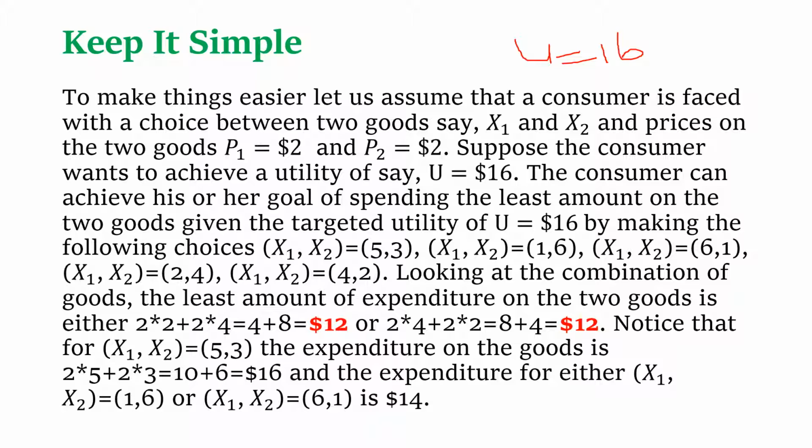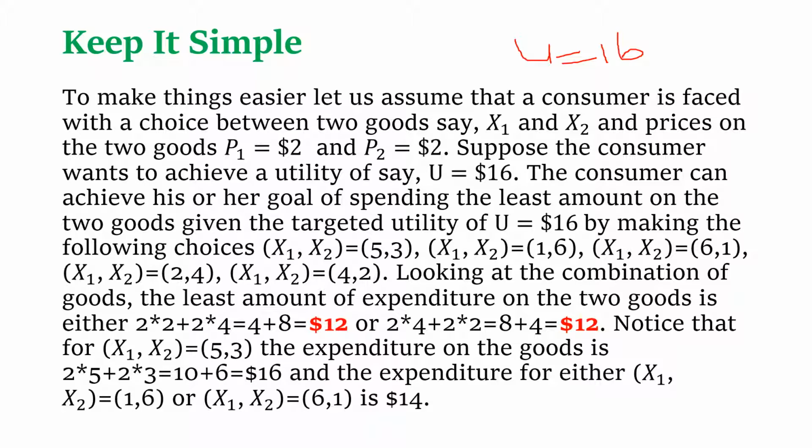If we look at the combinations there, we notice that the expenditure on X1, X2 equals 2, 4 and X1, X2 equals 4, 2 will be $12, right? The expenditure on X1, X2 equals 5, 3 will be $16, and the expenditure on X1, X2 equals 1, 6 will be $14.